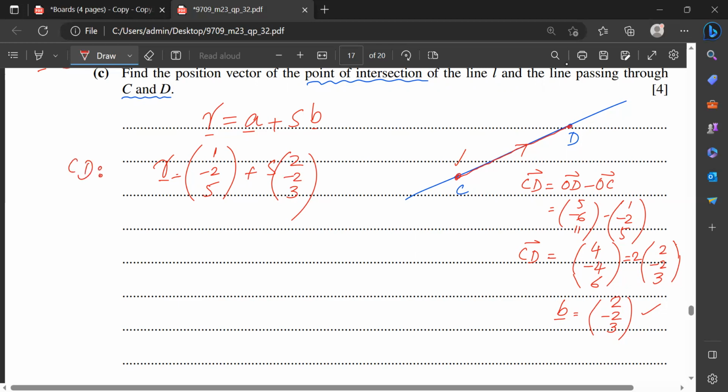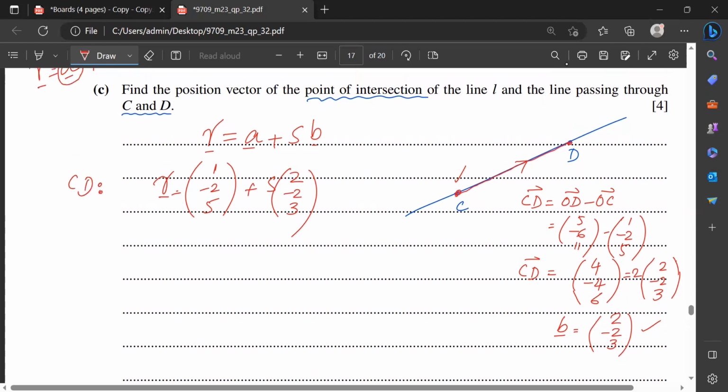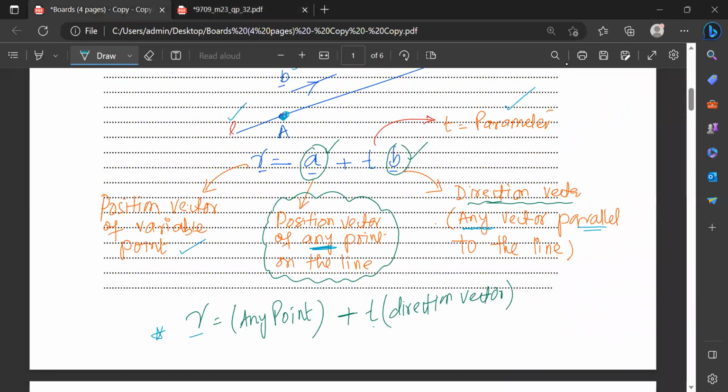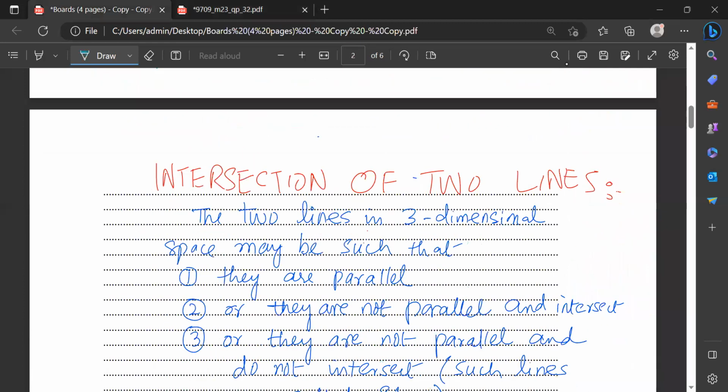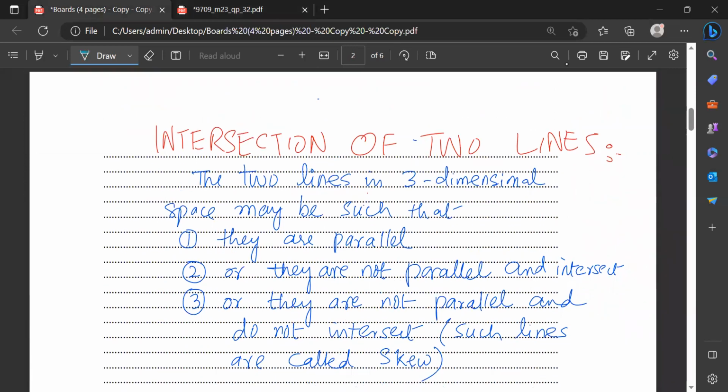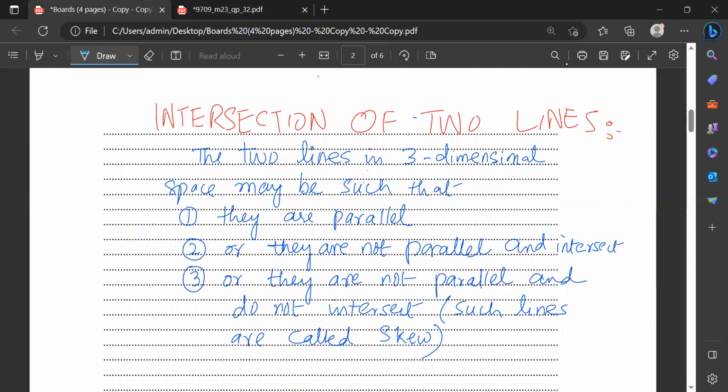The question was to find the point of intersection of line L and this line CD. So for two lines in three-dimensional space, they may be parallel, or not parallel and intersecting. And in 3D, it is possible that the lines are not parallel and they do not intersect.